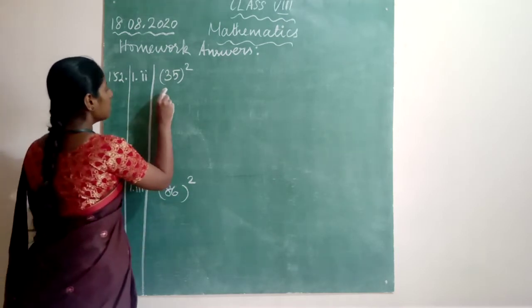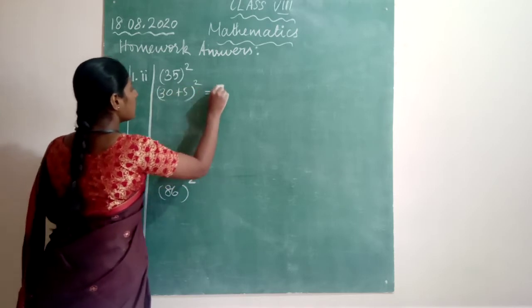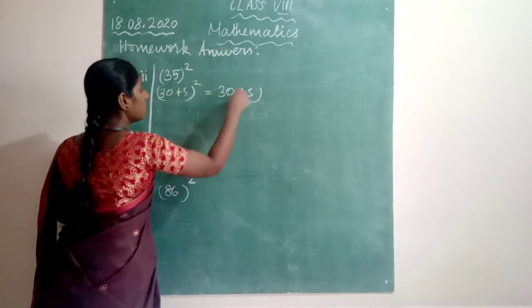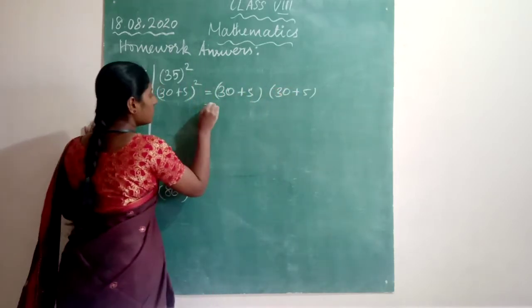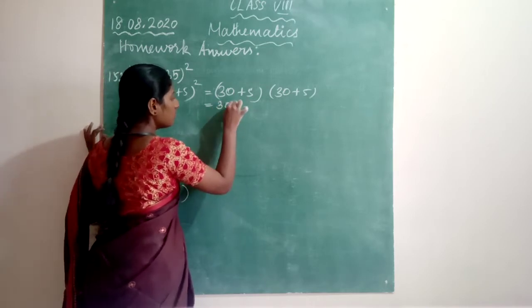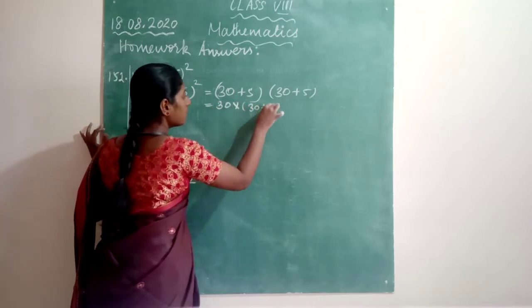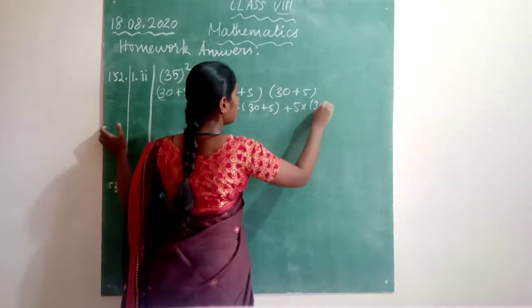So this can be written as (30 plus 5) the whole square, and this can be written as (30 plus 5) into (30 plus 5). Okay, so you can distribute it over the other. So 30 into (30 plus 5) and plus 5 into (30 plus 5).